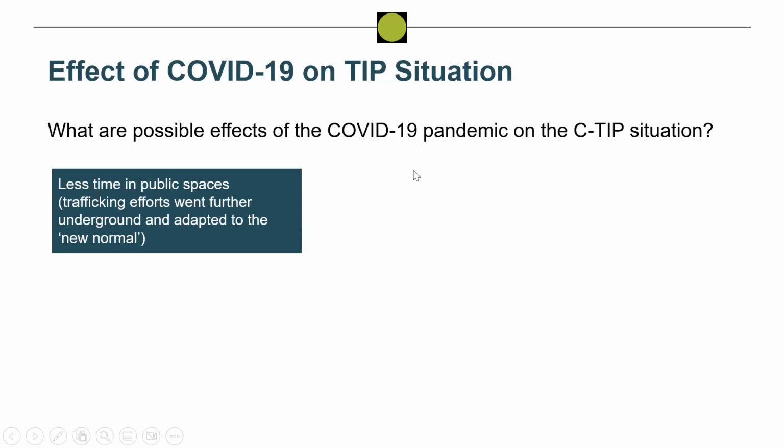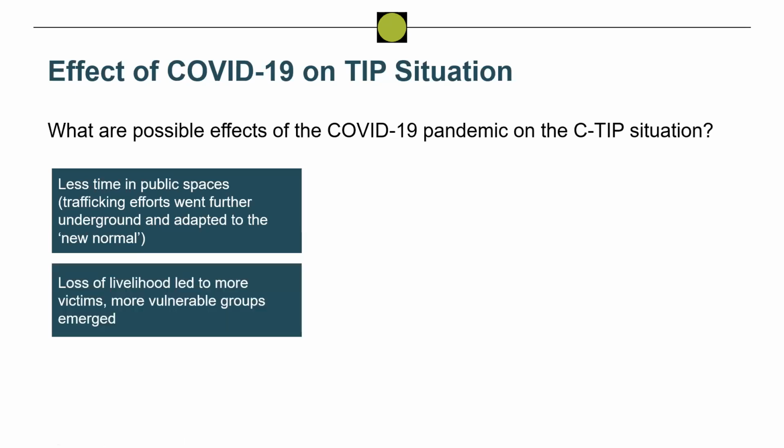So the COVID-19 pandemic in itself showed increased trends of these underground activities that continued, and we can see in terms of detected victims that were reported as undergoing trafficking activities rising.